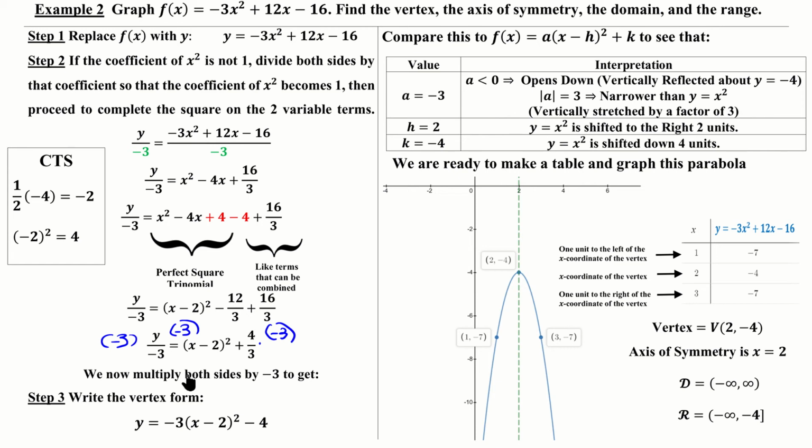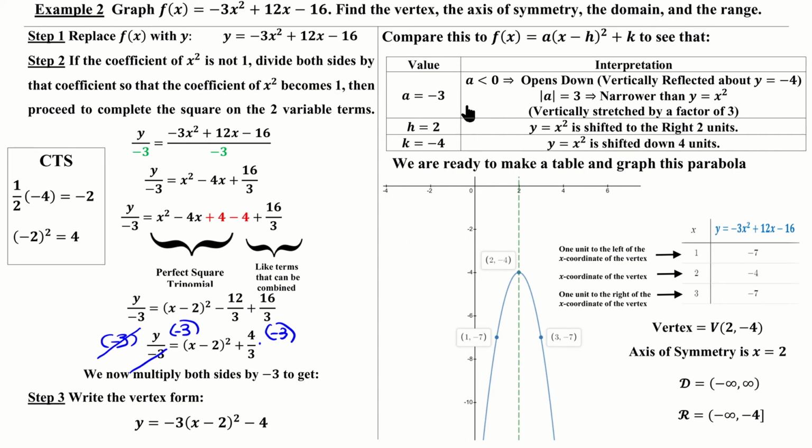So notice here the two -3's will cancel out, so you just get y and -3 times x minus 2 squared from here, and this positive times negative is going to give us a minus, and the 3's will cancel out, so we just get 4. So notice once again we took a quadratic function in standard form and very smoothly transformed it into the much more useful vertex form.